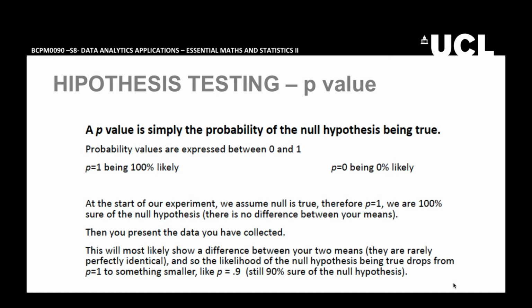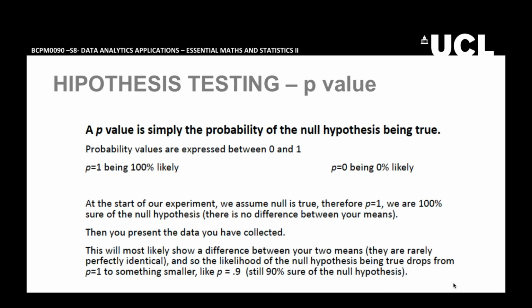We said that our starting position is to assume that the null hypothesis is true. Therefore, we are assuming that the value of p is 1. We are 100% sure that the null hypothesis is true. Then we collect and present the data, and this will likely show a difference between your two means because they are rarely perfectly identical.